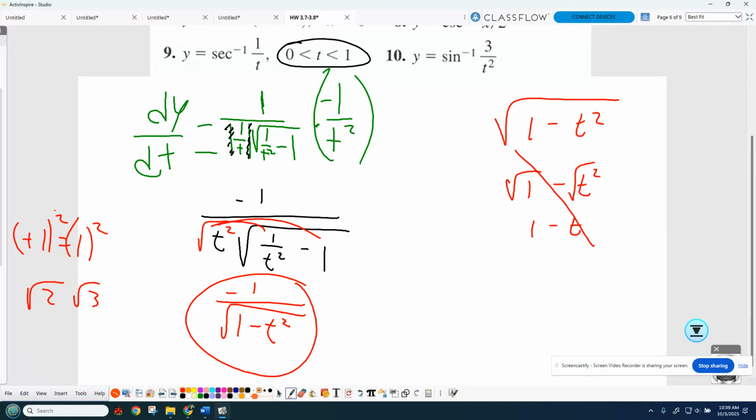What if you make it like 1/cosine t? Does that work? Or cosine inverse t? Okay. So secant of what equals 1/t, and this is the t and that's 1.